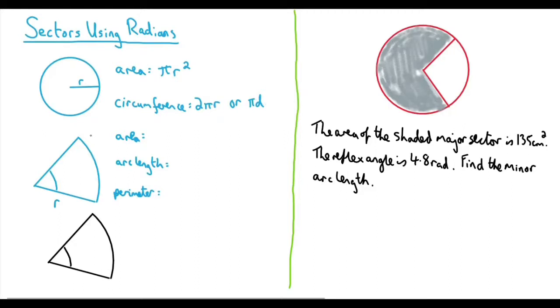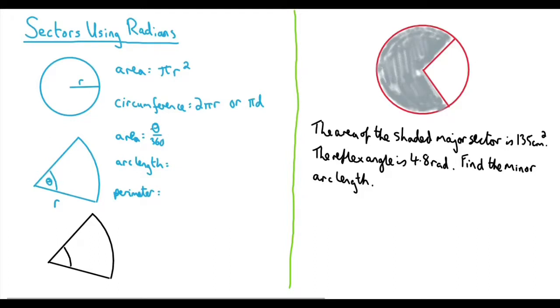Now if we were to do this for a fraction of a circle, therefore, let's say we just labelled this angle here theta, then the area of this sector would be theta out of 360. Because there are 360 degrees in a full circle, but here we only have theta of them present.